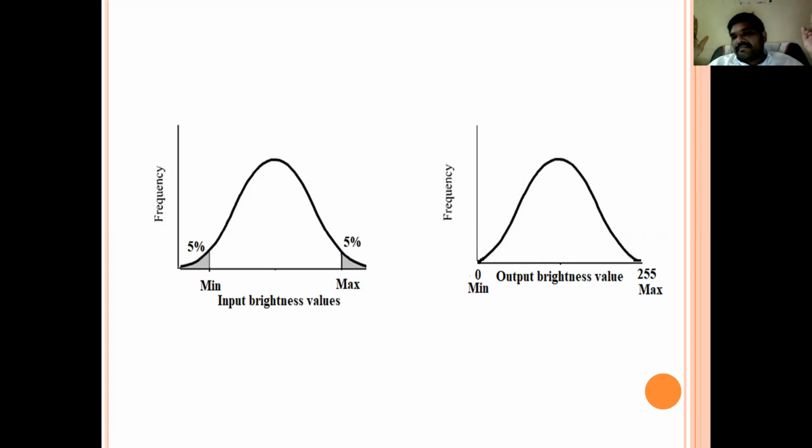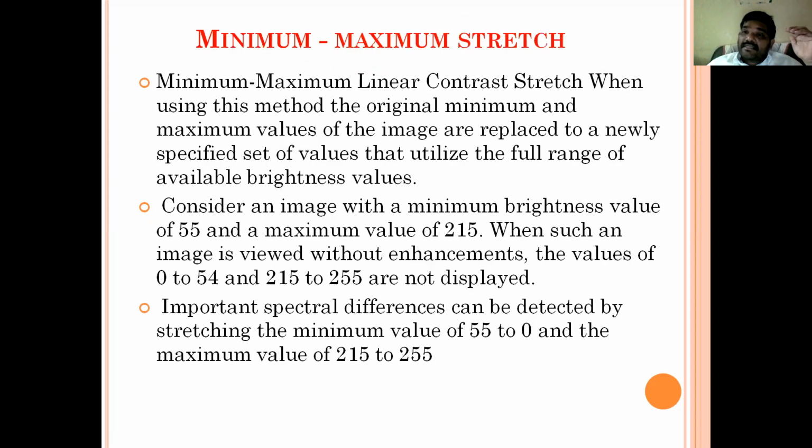Why am I trimming? Because in most of the cases, the image lies in the center portion of the histogram, or else in remote sensing, the tail ends may not hold the required portion of the image. In such cases, not every time, which case?